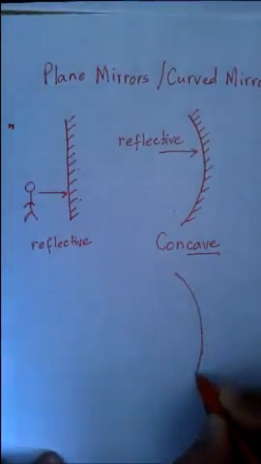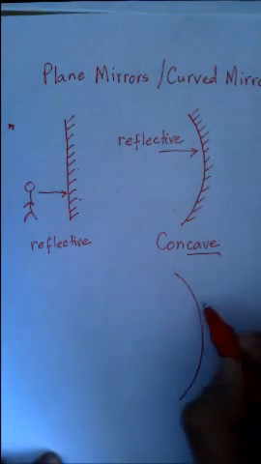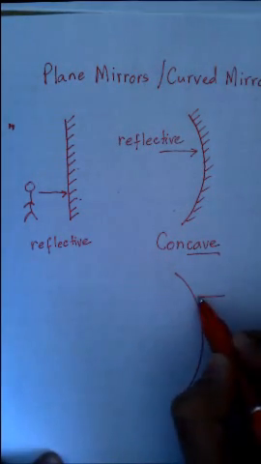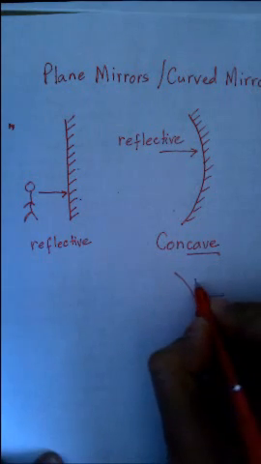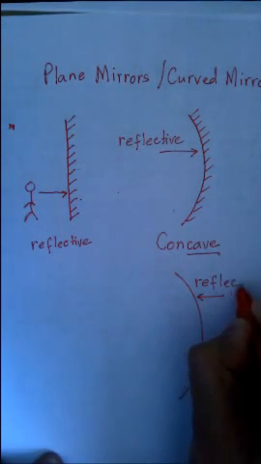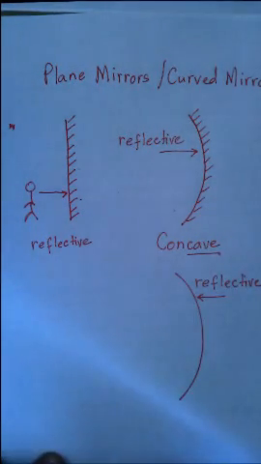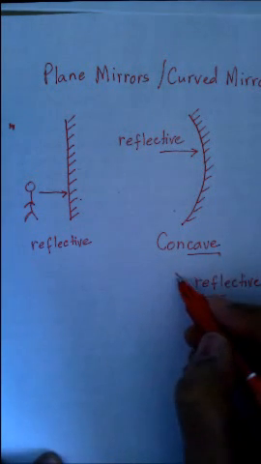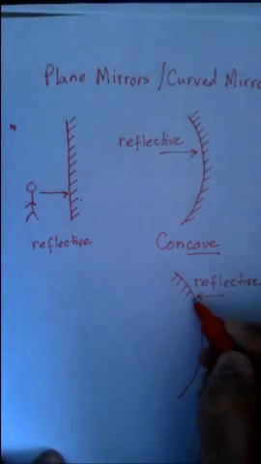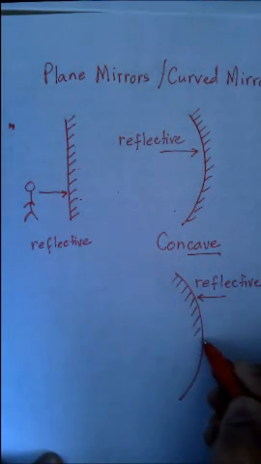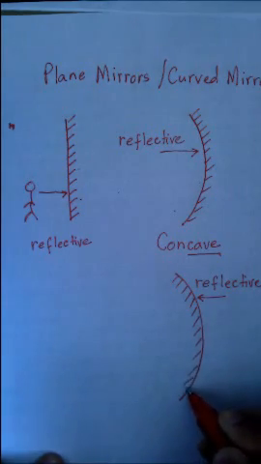However, if the reflective surface is on the outside of the cave, so this is your reflective surface here, on the inside of the cave, you have the non-reflective side.